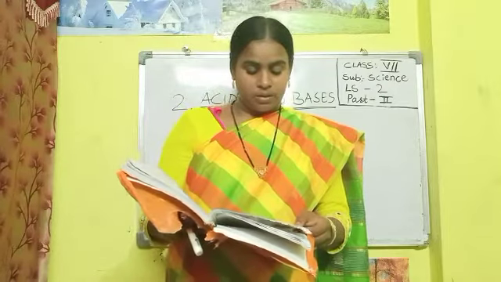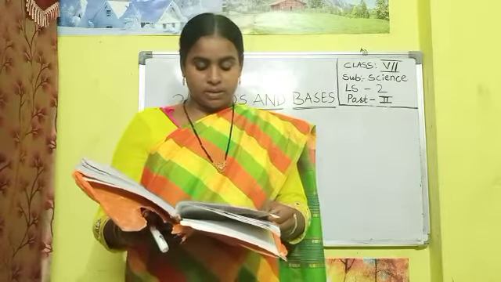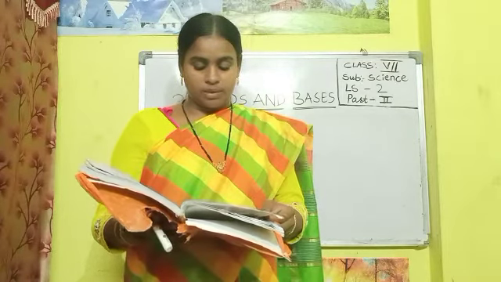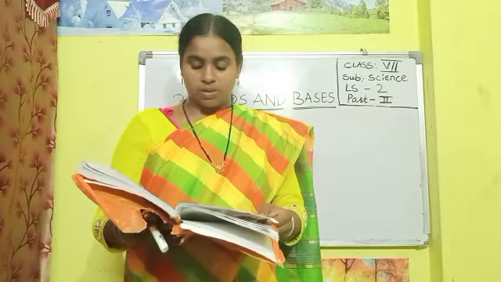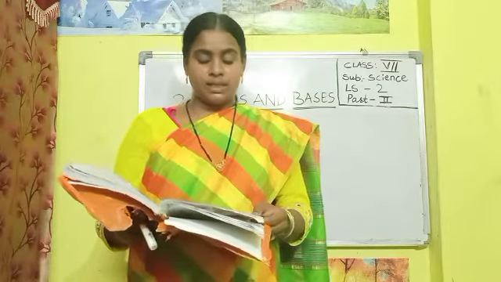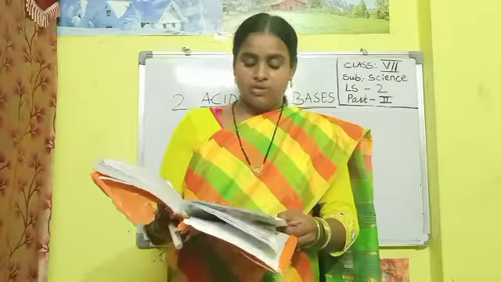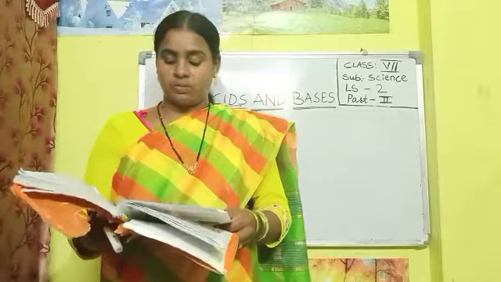Preparation of pulihora, citric acid. Soap contains potassium hydroxide and sodium hydroxide. Washing clothes, washing soda. Which acid is used for what is given here, which base is used for what is given here, and which salt is used for what is given here.